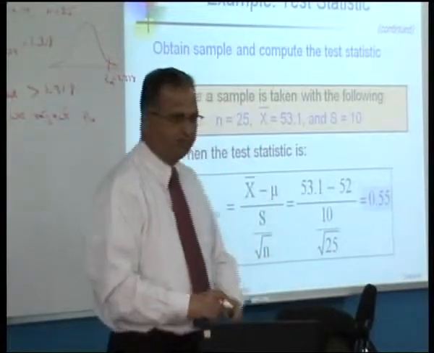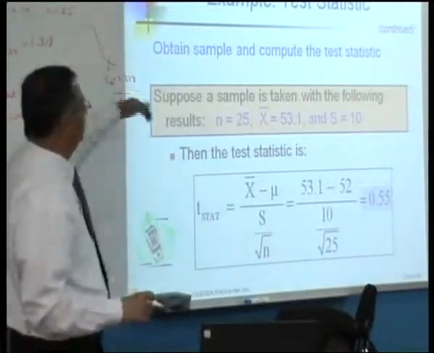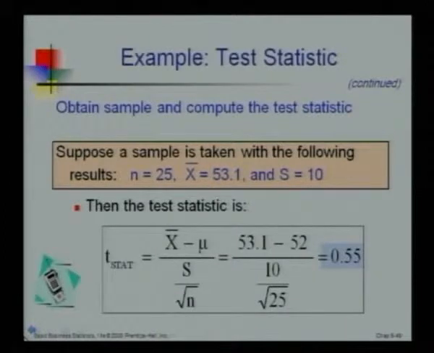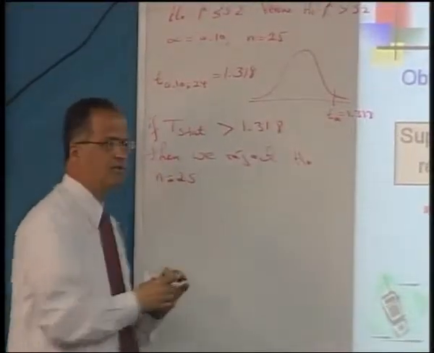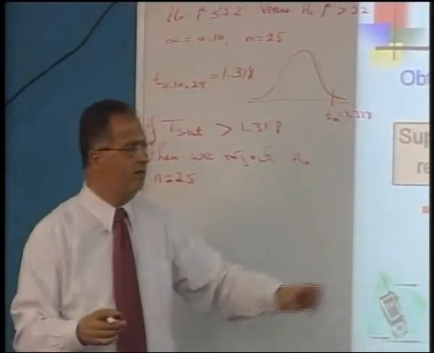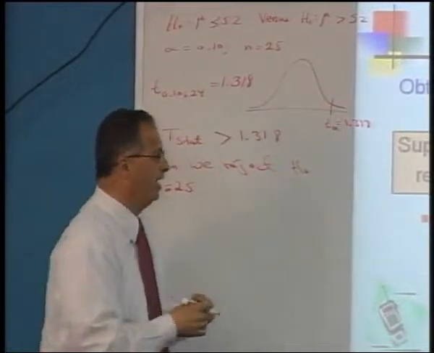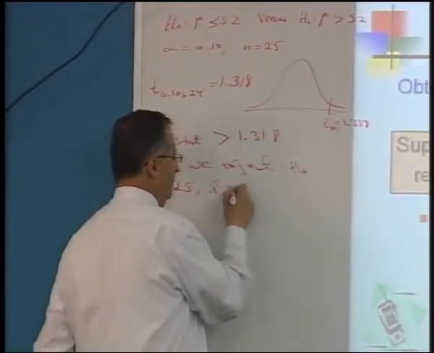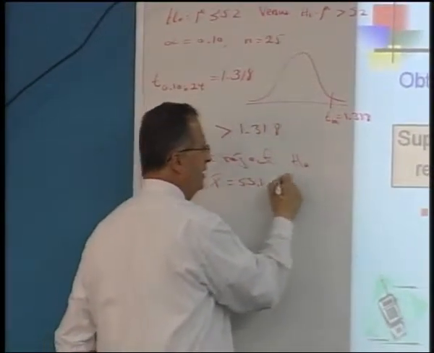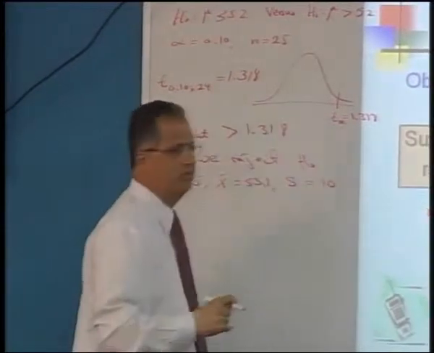Now suppose, for example, a sample is taken with the following results. n is 25, so we select a random sample of size 25. This sample gives an average of 53.1 and a sample standard deviation of 10.